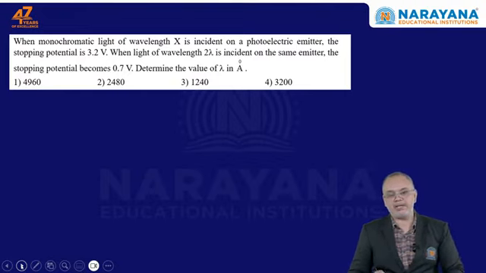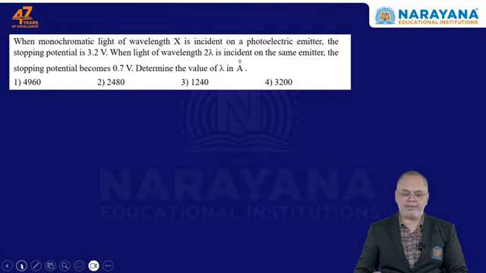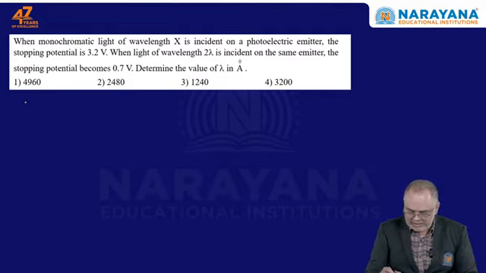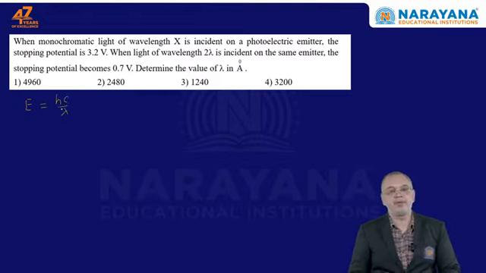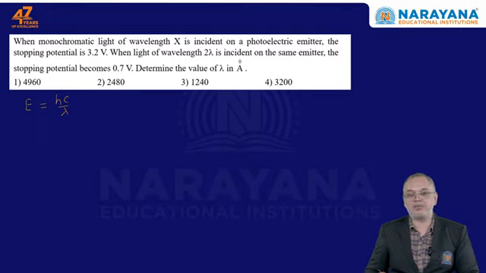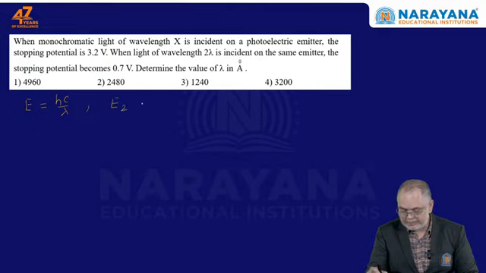Now here, in the first case the wavelength is lambda. So if I assume the energy for this wavelength is E, then I can write E is Hc by lambda. And in the second case, the energy E2 is Hc by 2 lambda, which I can write as E by 2.